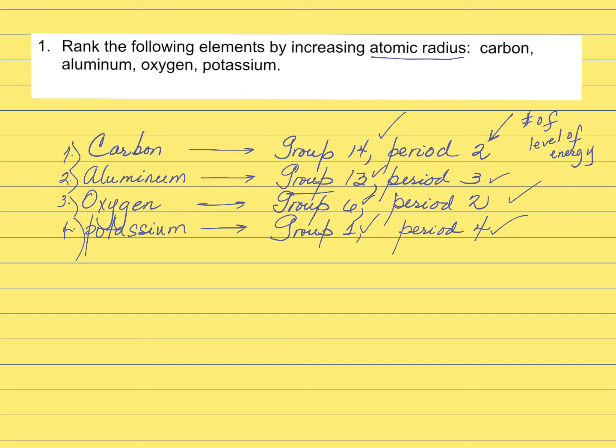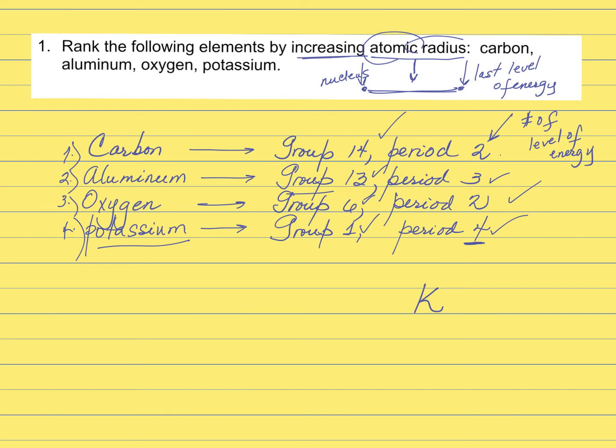And what is the atomic radius? The distance between the nucleus and the last level of energy. So if you analyze the numbers that you have over here, which is the one with more levels of energy? 4 levels, that's potassium. That's the one with the highest atomic radius. So I'm going to put potassium over here.